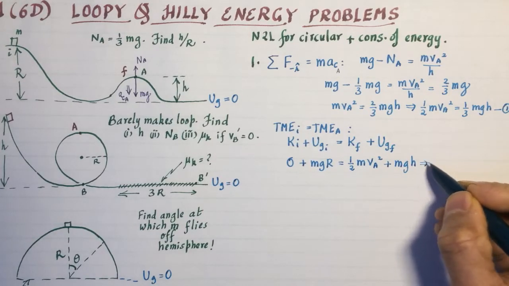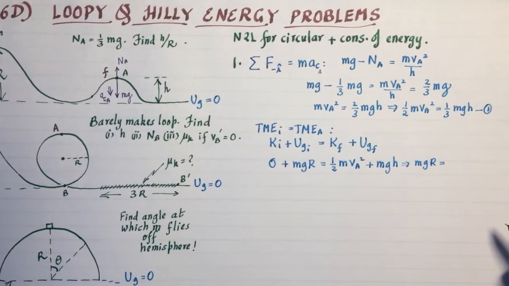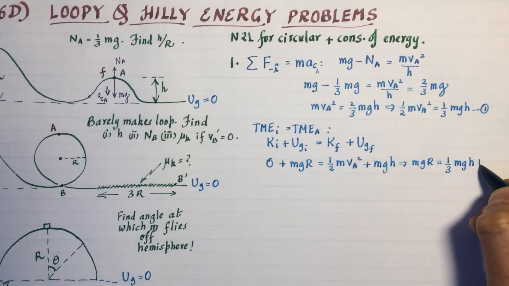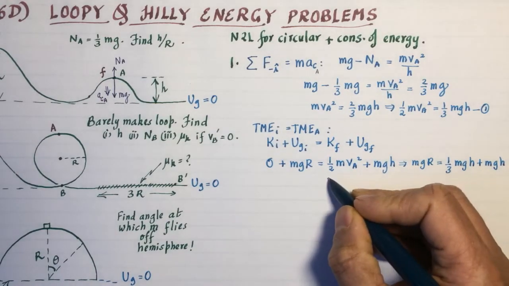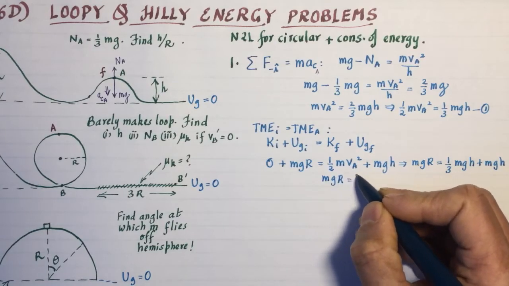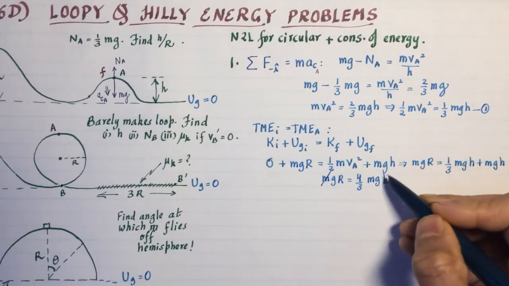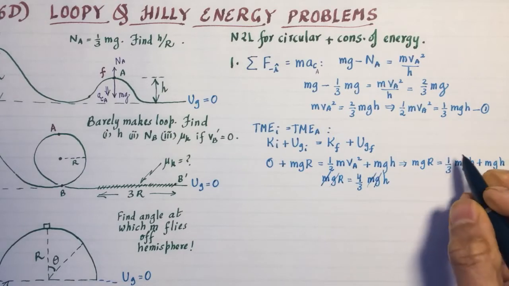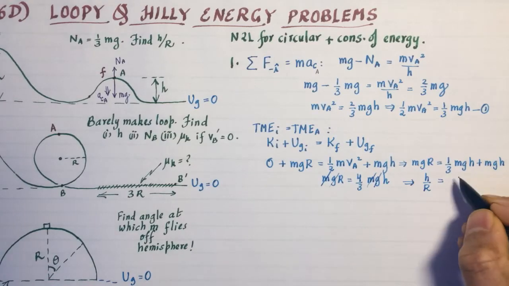I'm going to get mgr equals, for 1/2 m v_A squared, I'm going to write 1/3 mgh plus mgh. 1/3 plus 1 is 4/3, so I'm going to get mgr equals 4/3 mgh. Now observe the mass of the object cancels on both sides. Gravity cancels, so this can occur on any planet. And this gives us the answer we seek, which is h upon r equals 3/4.